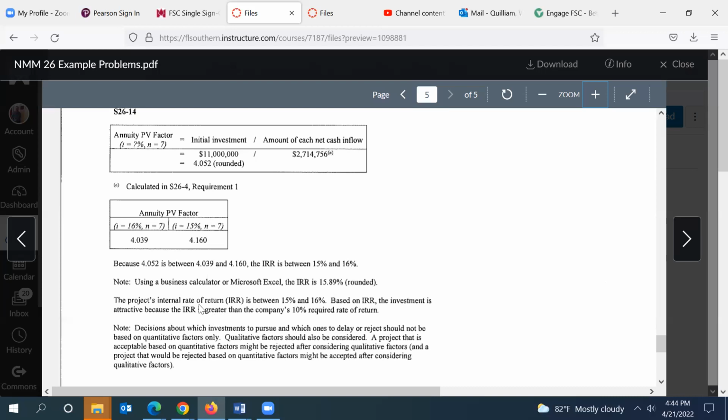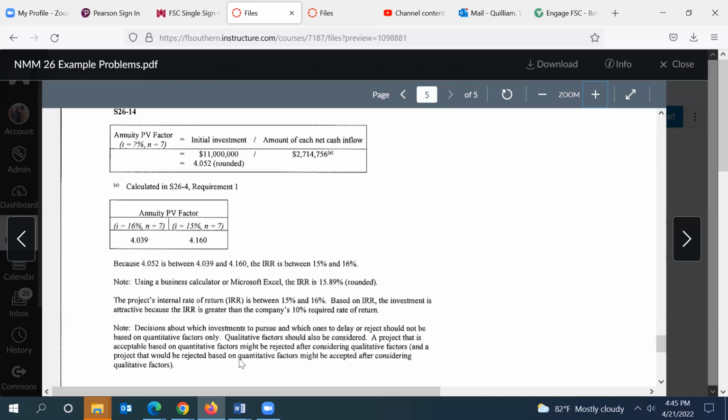So once again, that project's internal rate of return is between 15% and 16%. Based on the internal rate of return, the investment's attractive because the internal rate of return is greater than the company's 10% required rate of return. In fact, we want that IRR to be as high as possible, just like any other rate of return. So this investment is definitely attractive to invest in.